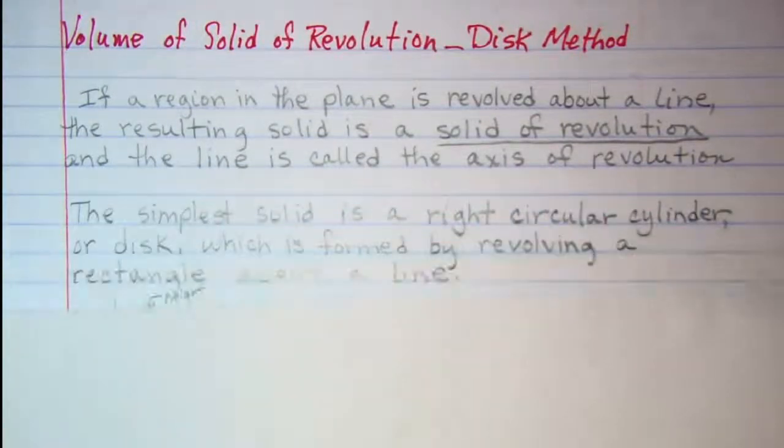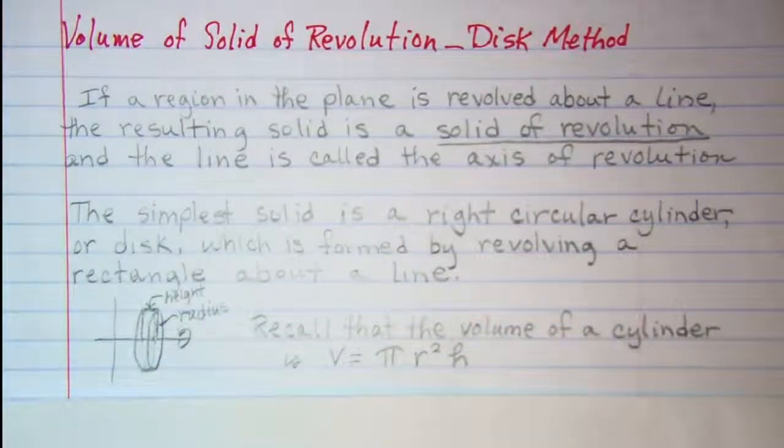The simplest solid is a right circular cylinder or a disk, which is formed by revolving a rectangle about a line. Recall that the volume of a cylinder is volume equals pi r squared h, r being the radius of the cylinder and h is the height.